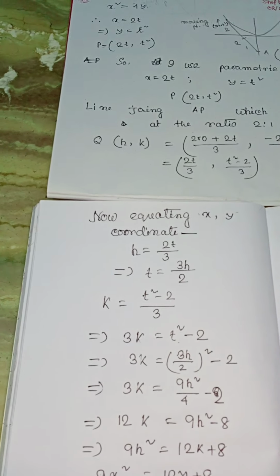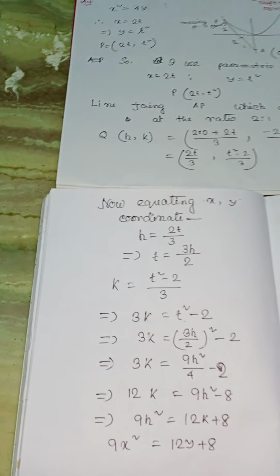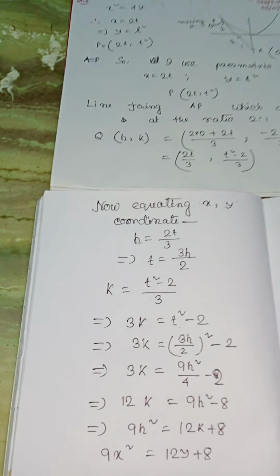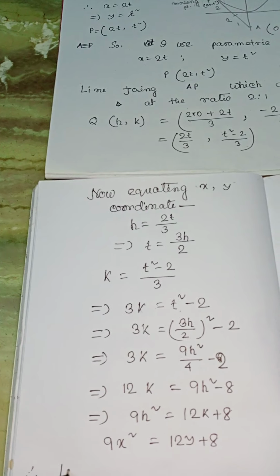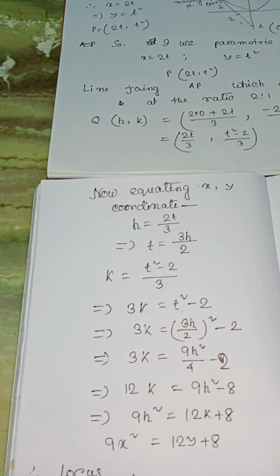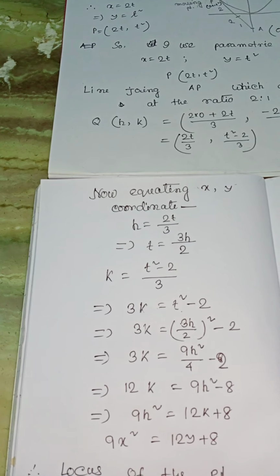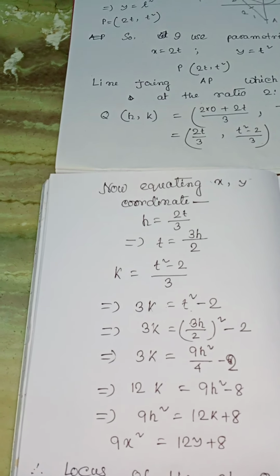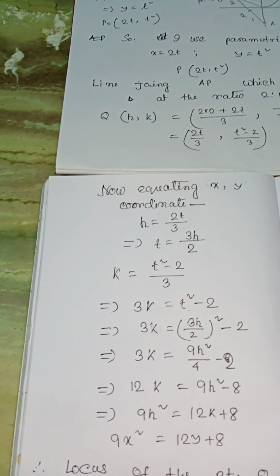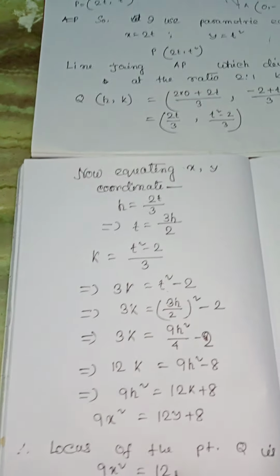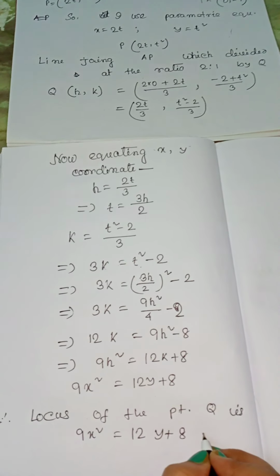So the locus of the point Q is 9x square is equal to 12y plus 8.